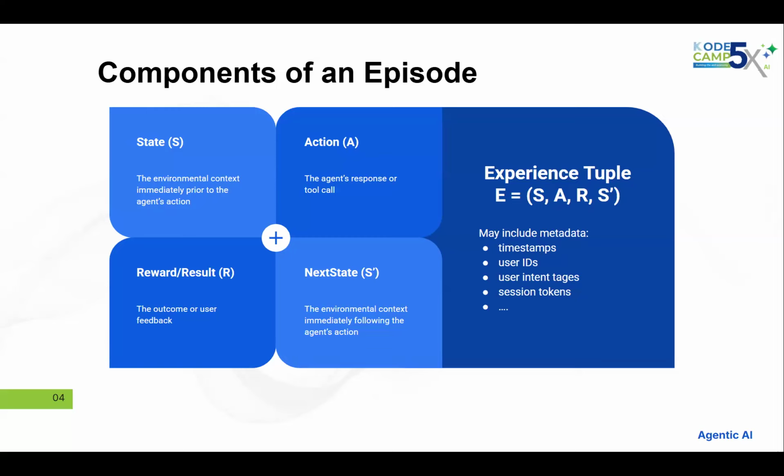So that modified state becomes the next state. And with these four, you could model an episode. Of course, the experience tuple may also include additional elements like timestamps, user IDs, session tokens, and so on, depending on your specific use case and how you built the agent.